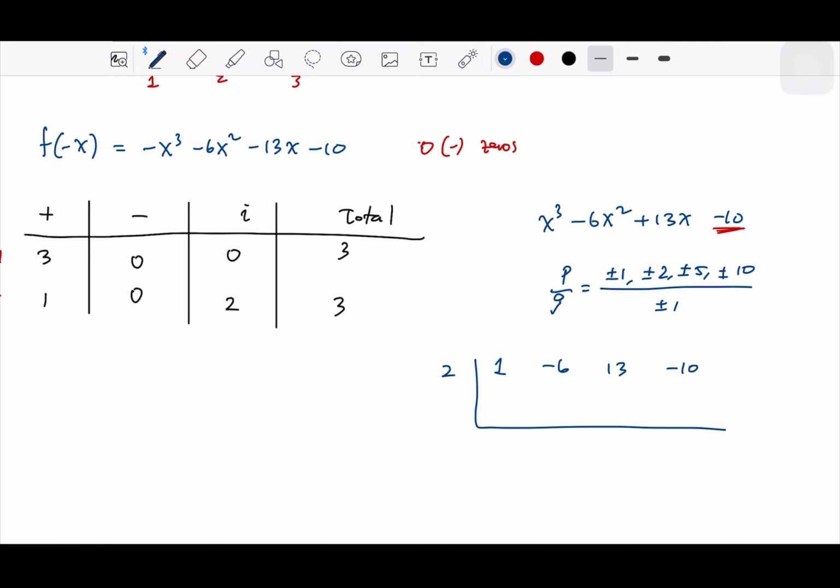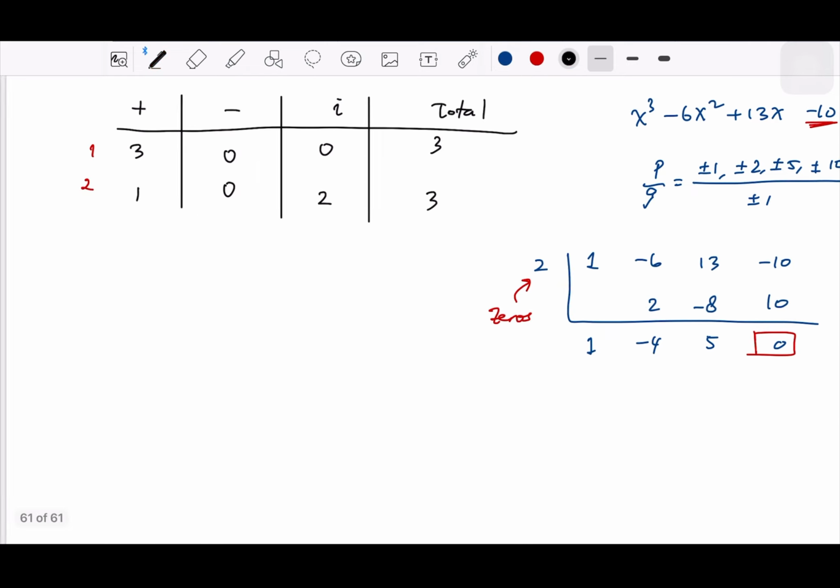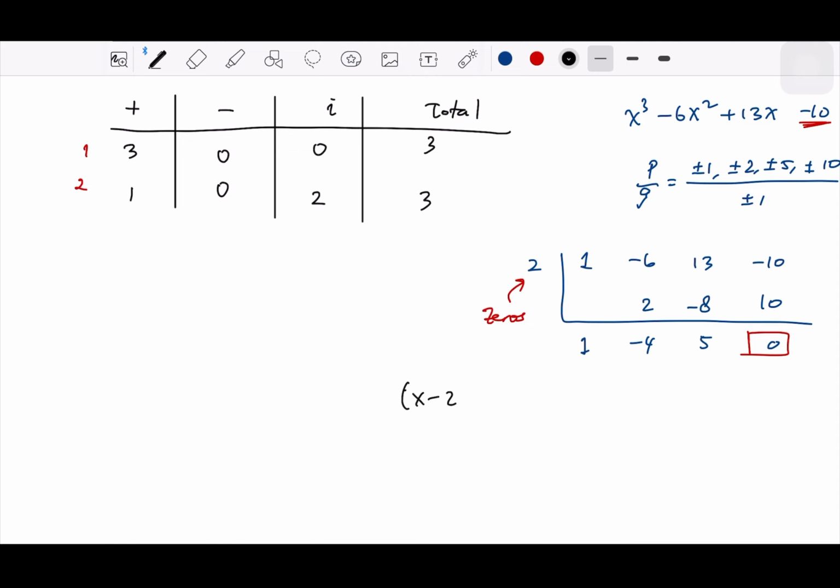And maybe 2. I think we get 1. Okay, we get 0, so this is a zero. And we can write down the formulation for the polynomial.